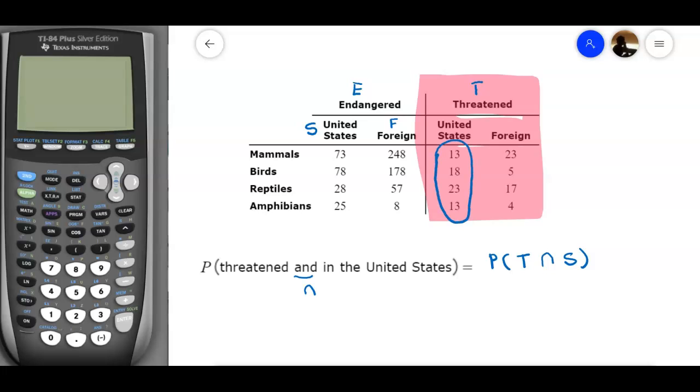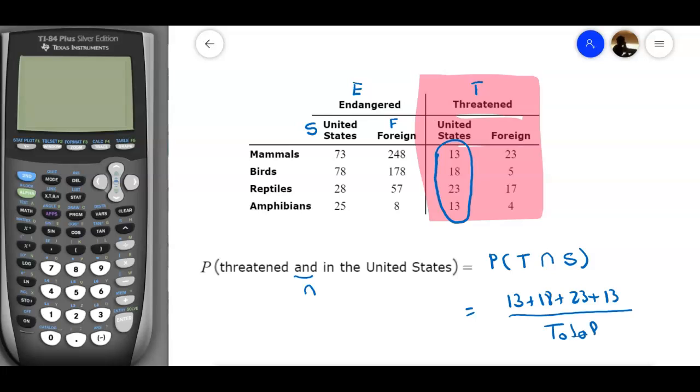As you see, the circle is totally inside the threatened, so that's going to be the number: 13 plus 18 plus 23 plus 13 divided by the total number.